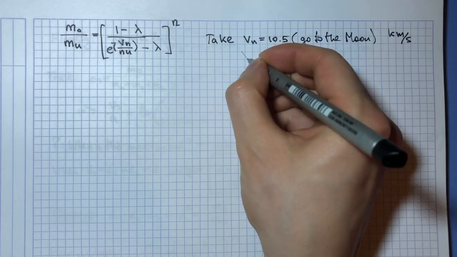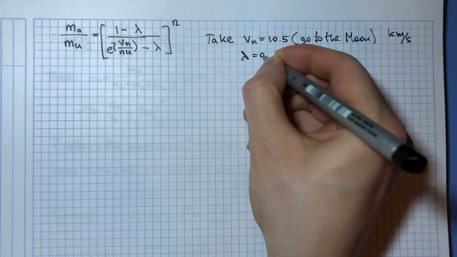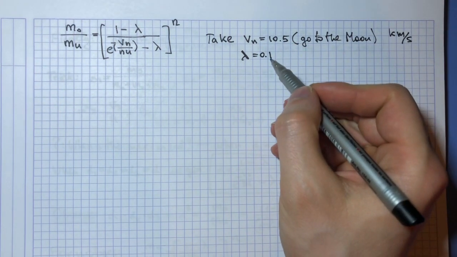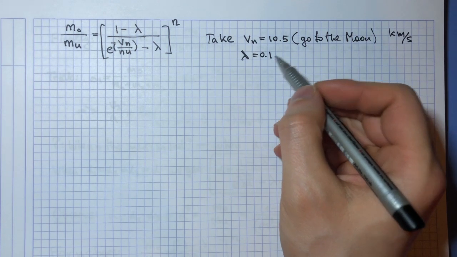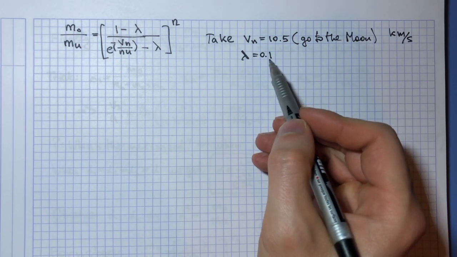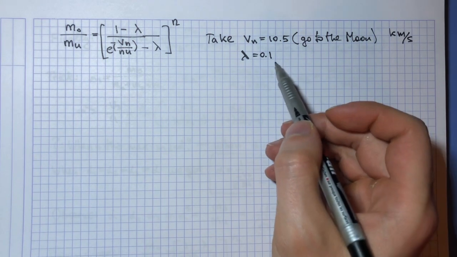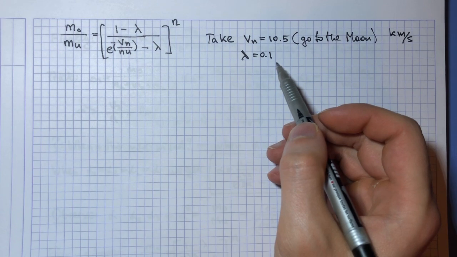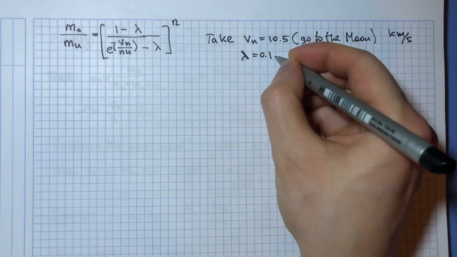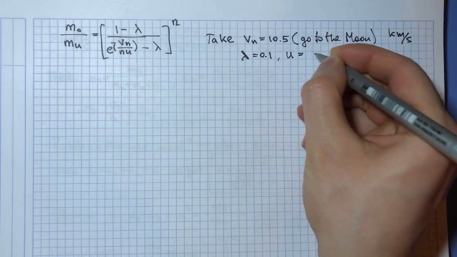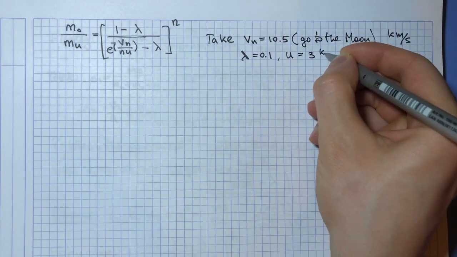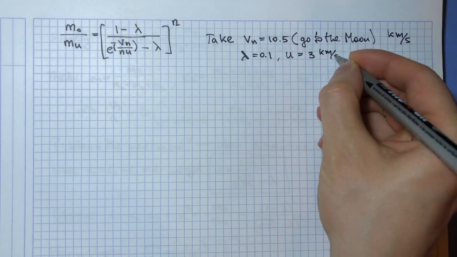We also take lambda to be 0.1, which is a realistic engineering constraint that we have discussed in the previous video. So for every unit of structural mass, you would have around 10 units of fuel. And then remember that the ejection speed for us was 3 kilometers per second.